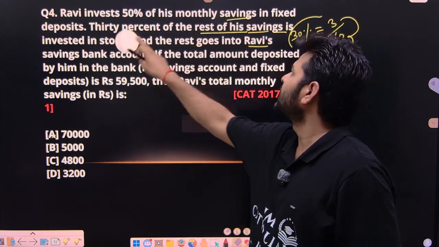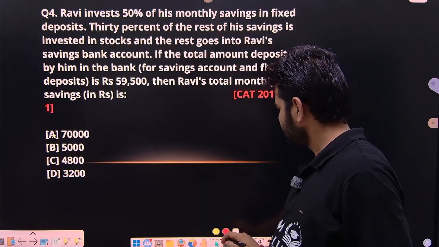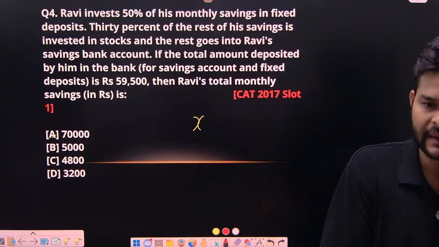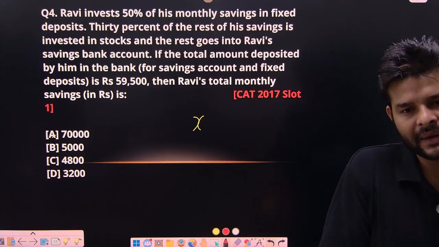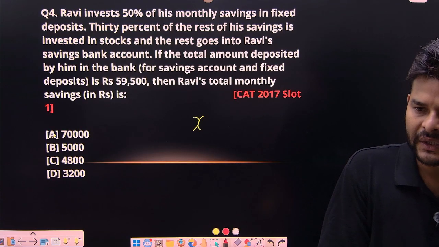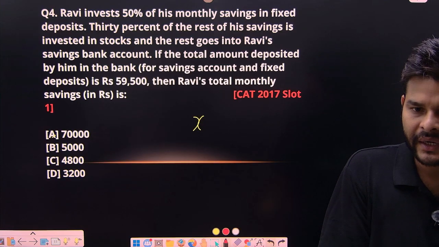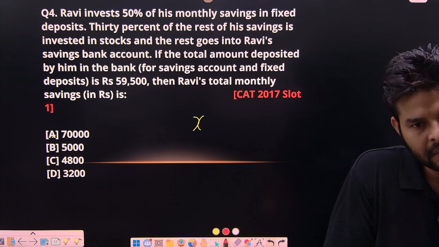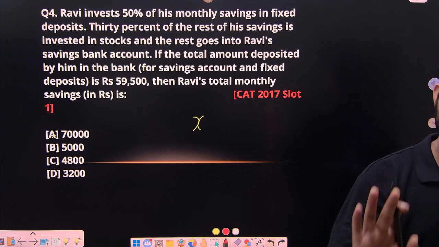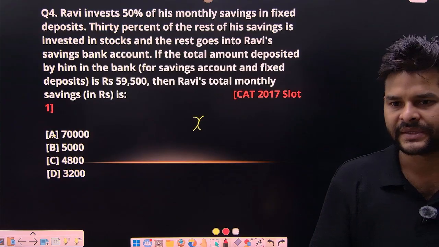But we know one thing, that he saves X rupees out of her salary. Whatever her salary is, we don't know. But we know that a certain amount she saves on a regular monthly basis. Quite clear? So suppose she saves X rupees on a regular monthly basis.